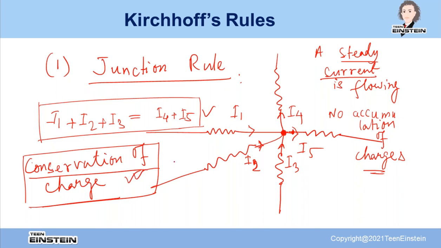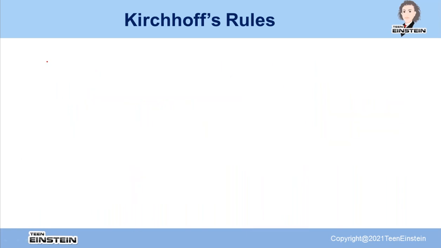I'll discuss the loop rule also at the same time, and then I'll take up examples. Then you will be able to appreciate and solve many problems with these rules. So let us take the other rule. This junction rule deals with the current, so it is also known as KCL, Kirchhoff's current law.